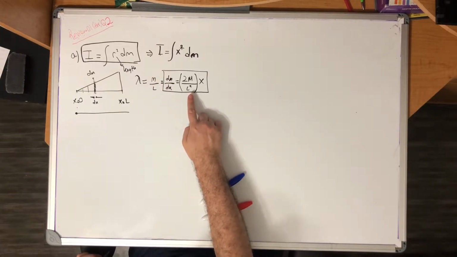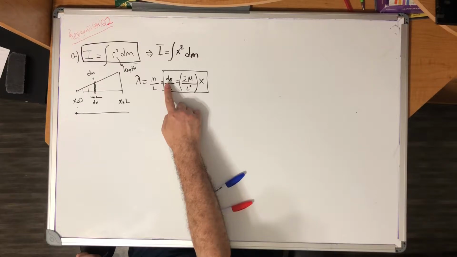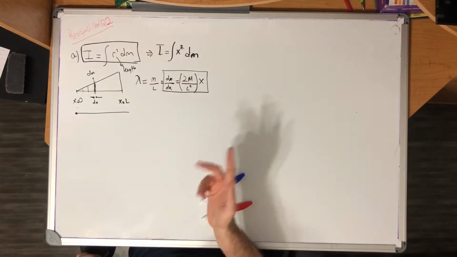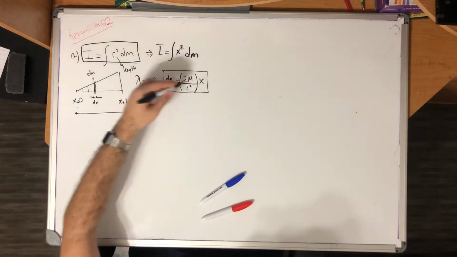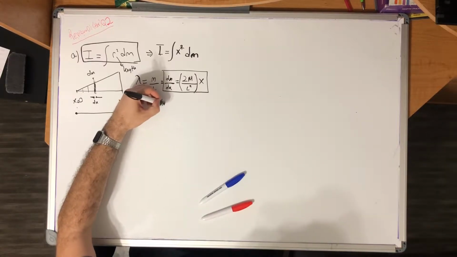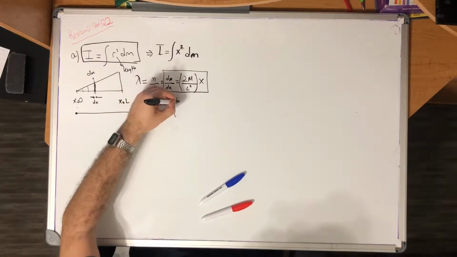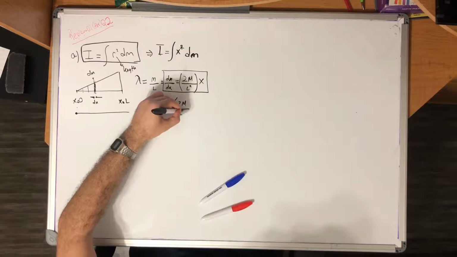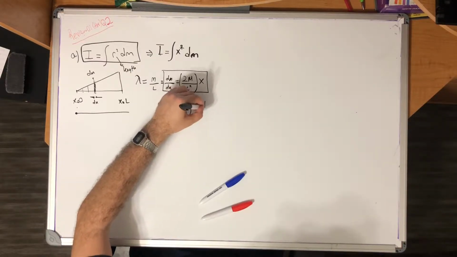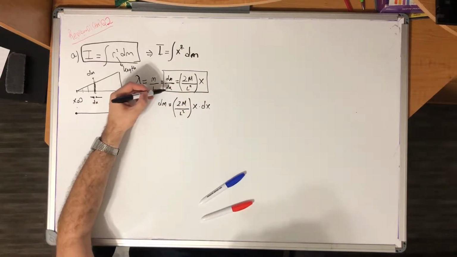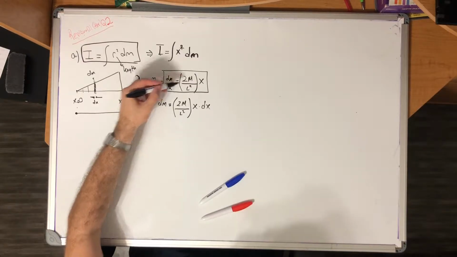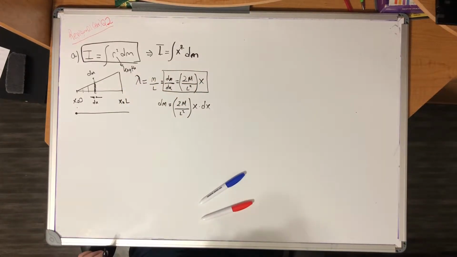So I can just isolate dm in this equation and replace it. If you do the cross multiplication, dm will be equal to 2M over L squared times x times dx. So all I do is take this dx up here. My dm is 2M over L squared times x dx.